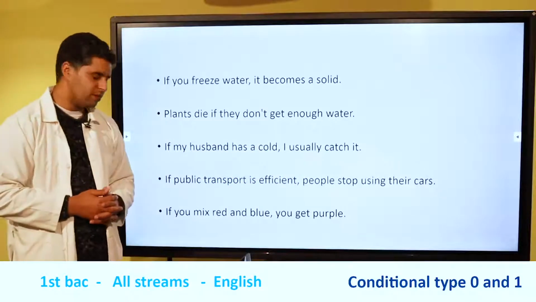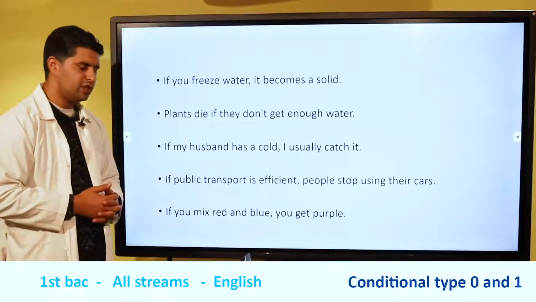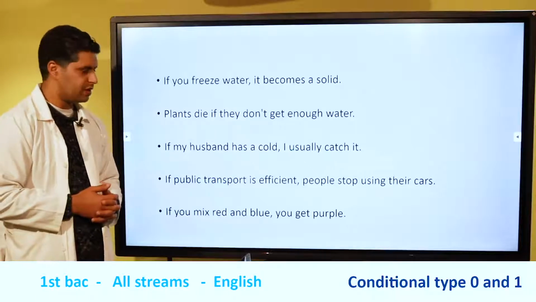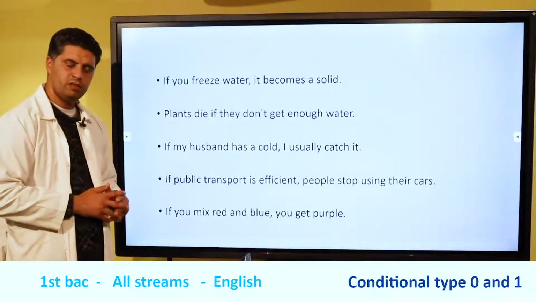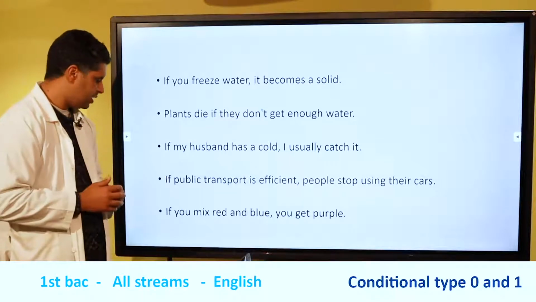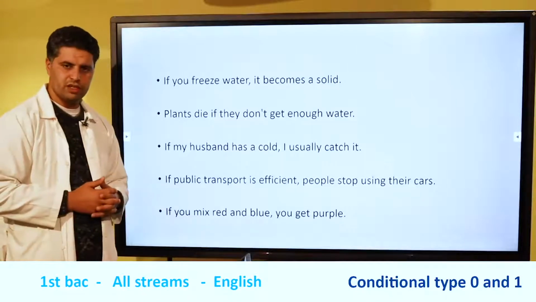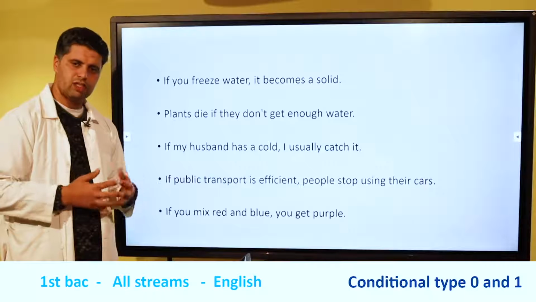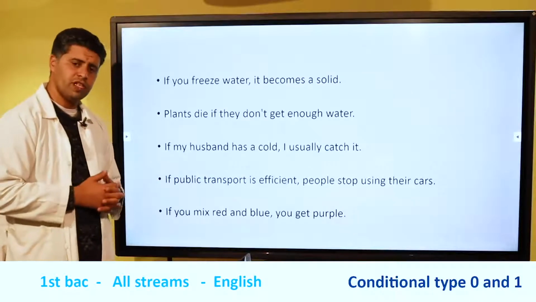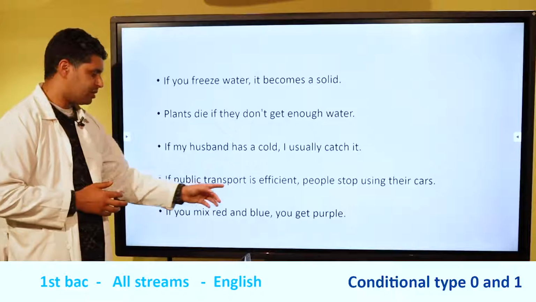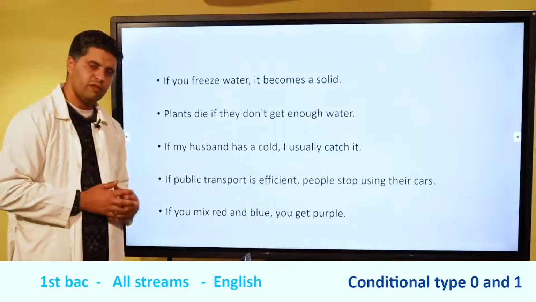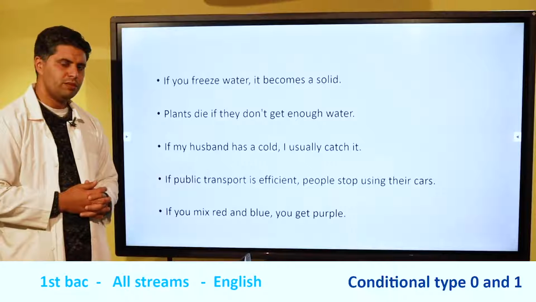Let's see another example. If public transport is efficient, people stop using their cars. Okay, great. So here, as you can see, we have a cause and we have an effect, or a result. So here we have started with the conjunction if. It means that this statement is a conditional statement. That's why we have this conjunction if. If public transport, this one is the subject, and here we have the present simple of the verb to be.